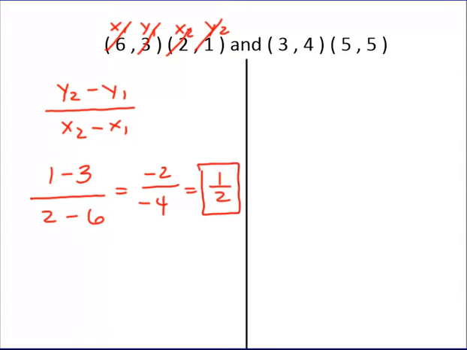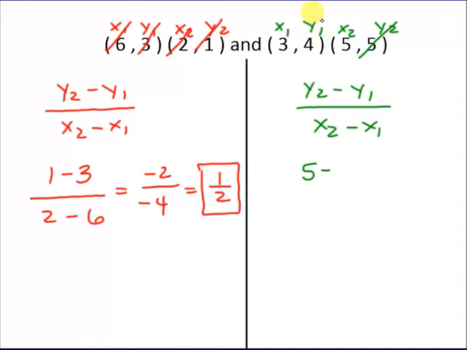Okay, let's take a look at this one. I'm going to write out my formula. I'm going to label my coordinates. All right, so my y2 is 5 minus my y1 is 4 over my x2 is 5 minus, and my x1 is 3.